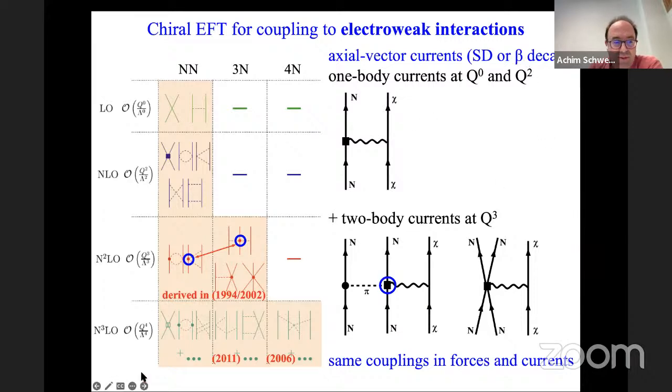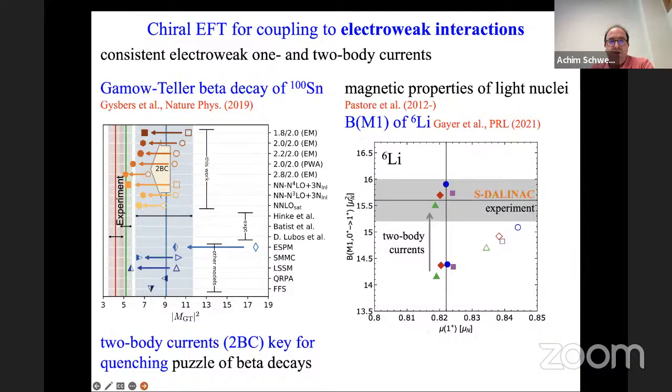So for example, I took two things here for electroweak interactions. The left side is for weak interactions, the right side is for electromagnetic interactions. Maybe we start on the right because it's easier. There have been a lot of works on magnetic properties of light nuclei, much of this led by Saori Pastore and collaborators.